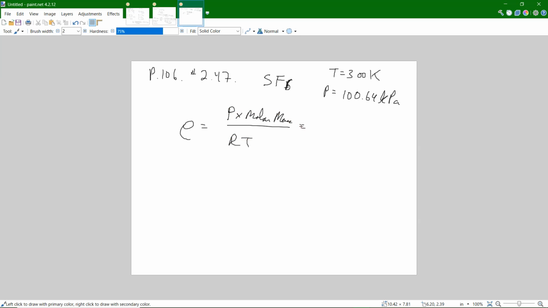Sulfur is 32.07 plus 6 times 19 for the fluorine, 146.07. So pressure, 100.64 times 146.07 divided by 8.314 times 300.